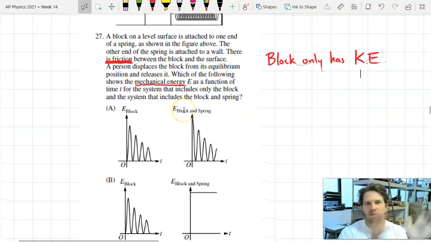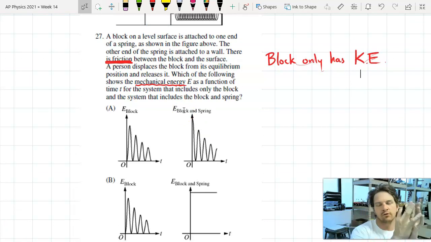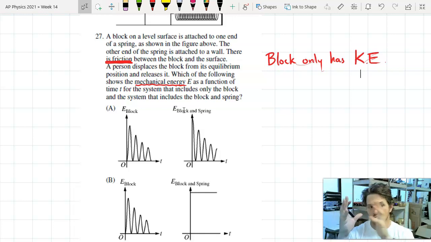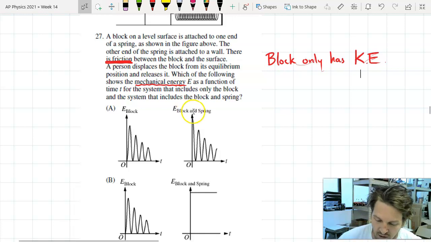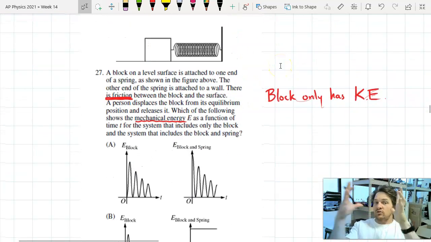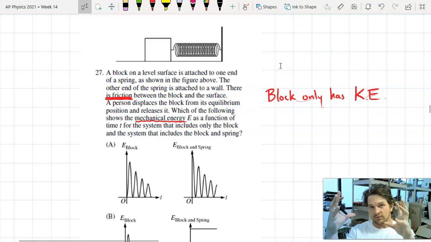All right, so we've got to think about what's going on. As the spring is going back and forth, it's going from potential spring energy to kinetic energy, and then it's just going back and forth between those two energies, right? When it's all the way stretched out, the block stops for an instant, so it reaches a kinetic energy of 0.